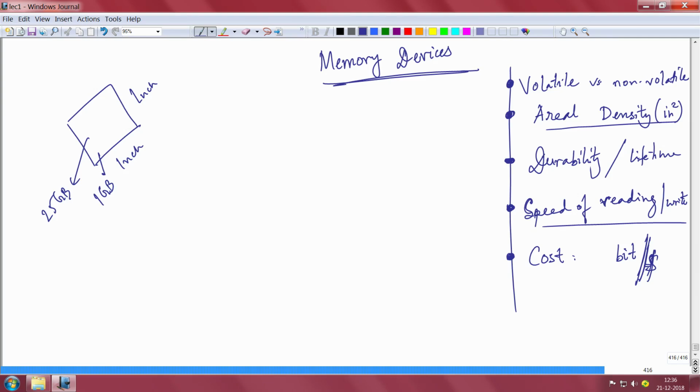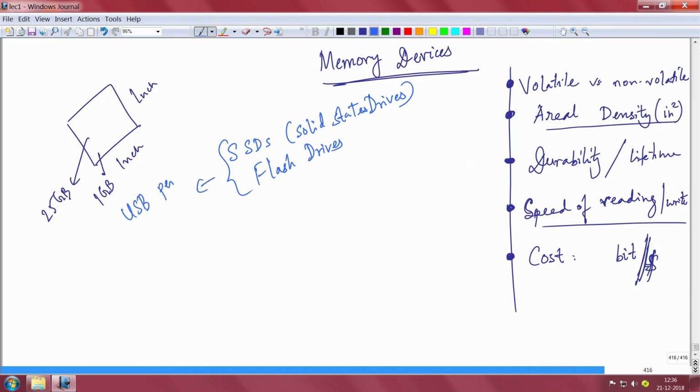So some of the common memory devices are, of course, SSDs, which are called solid state drives, which are very upcoming and very widely used now, and we also call them flash drives, the same thing, okay. Flash drives are something like your USB thumb drives, the pen drives that you have, or the memory cards in your camera and other things.